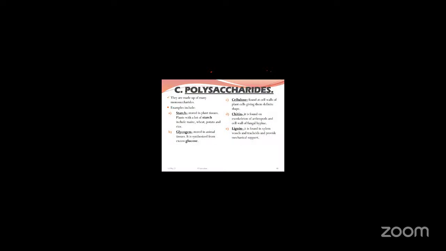Now, that is what we form when we combine two molecules of monosaccharides. So, two molecules of monosaccharides give you disaccharides. Now, how do you form polysaccharides? Polysaccharides are formed when you combine more than two monosaccharides.